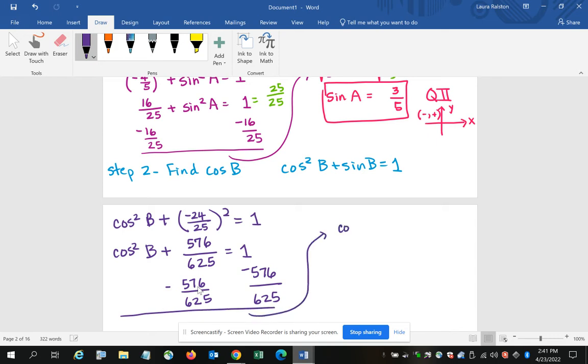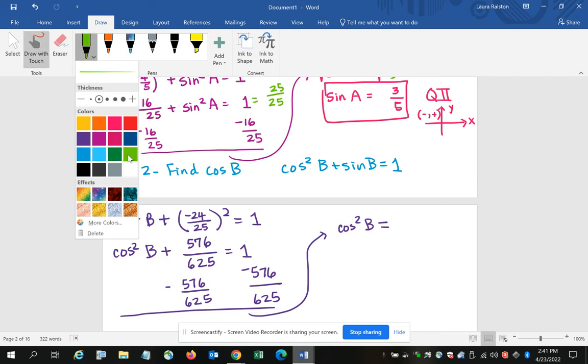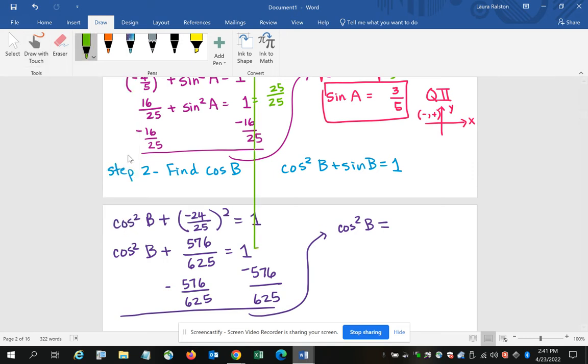So I have cosine squared B equals, again, be careful, make sure you find that common denominator. 1 whole would be 625 over 625. So 625 minus 576 gives me 49 over 625.